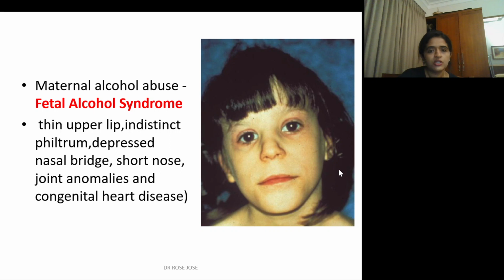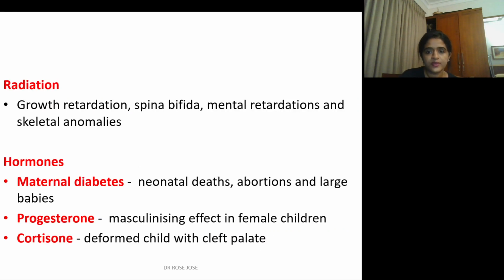This is a condition known as fetal alcohol syndrome, which is mainly due to maternal alcohol abuse. Here you get a thin upper lip, indistinct philtrum with depressed nasal bridge and short nose, with joint abnormalities and congenital heart disease.